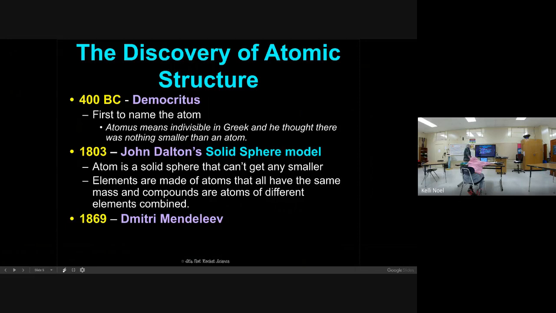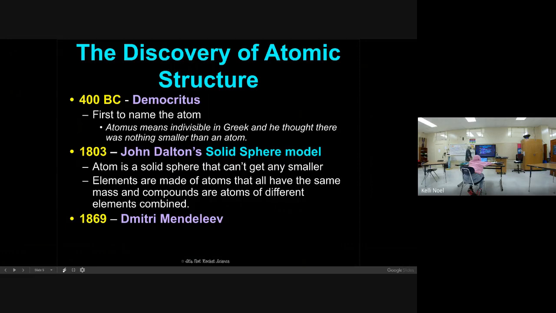And then we have John Dalton. His idea of an atom was that it was a sphere, and it was solid, and you can't get any smaller than it. He said that elements are made up of atoms that all have the same mass, and compounds are atoms of different elements combined.